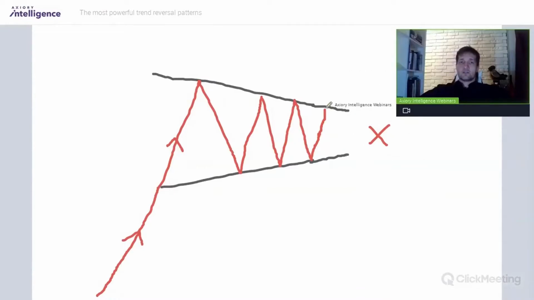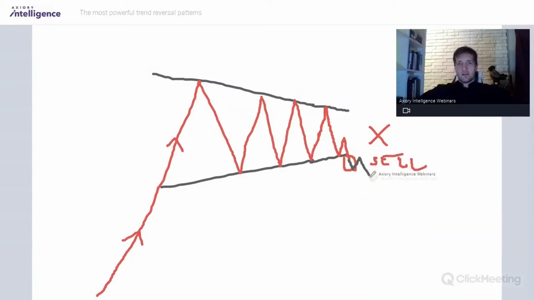You trade the breakout. If the breakout is not happening to the upside, price bounces from the upside and then breaks the lower line of this triangle, then here we have a signal to sell. And very often, after the breakout of the lower line of this pattern, the price reverses the trend.